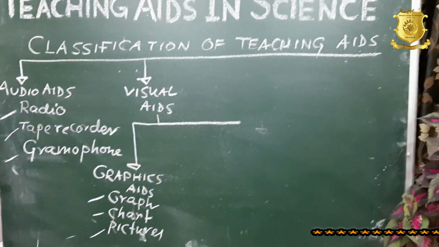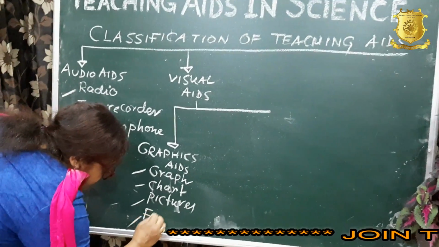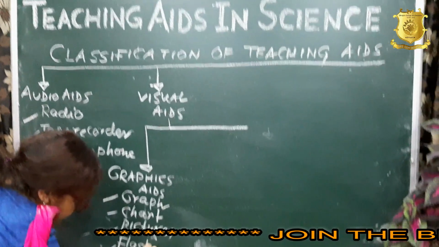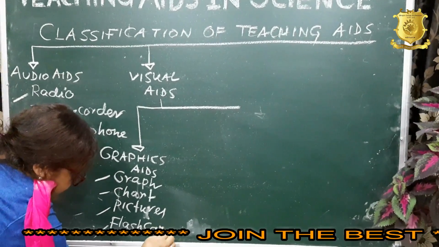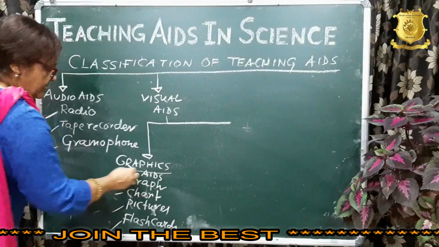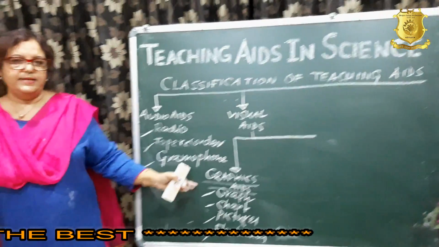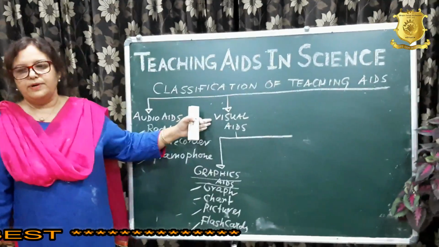Next, we use different kinds of flashcards. So all these are examples of graphic aids, the first category of visual aids.